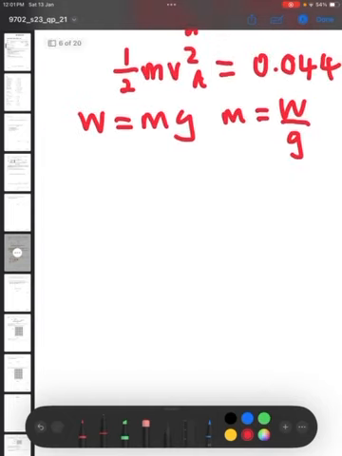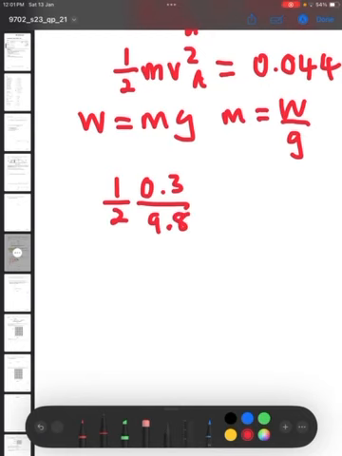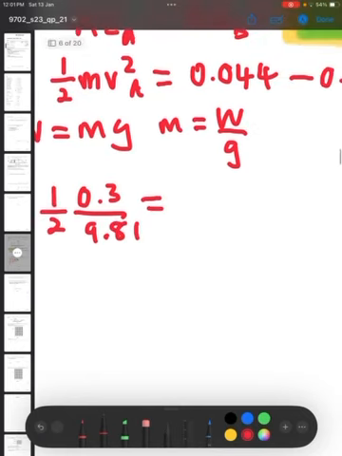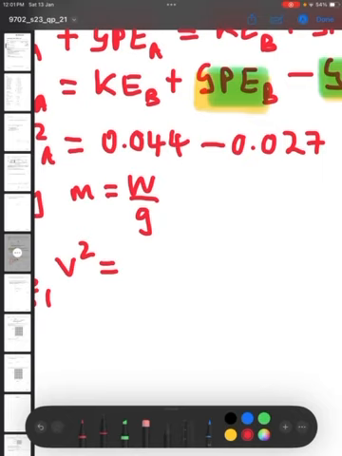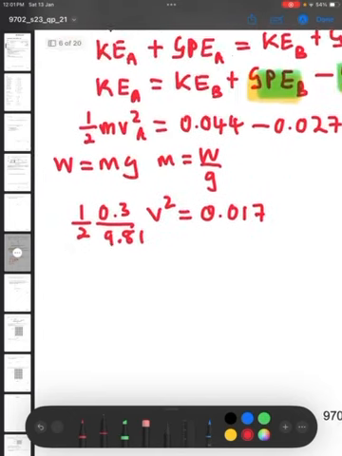So we say half times the weight, which is 0.3, over 9.81, times v squared, is equal to 0.044 minus 0.027. If we subtract these two, 44 minus 27, we get approximately 17. So it's 0.017.